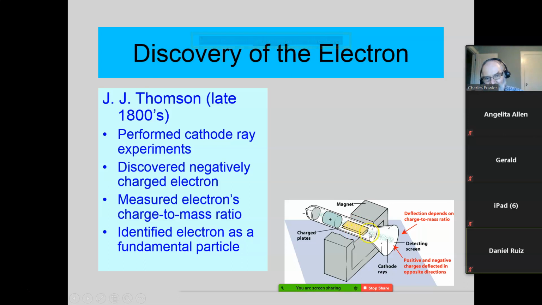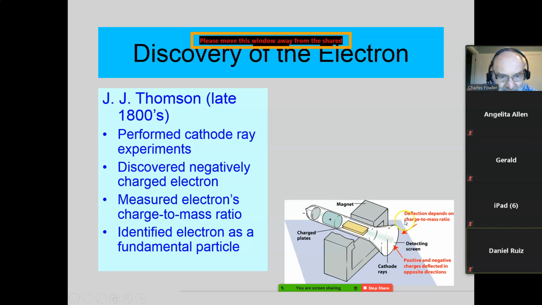Positive charges bent away from the positive plate, whereas the negatively charged cathode rays bent in the opposite direction.